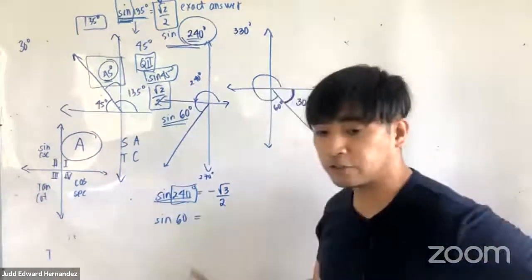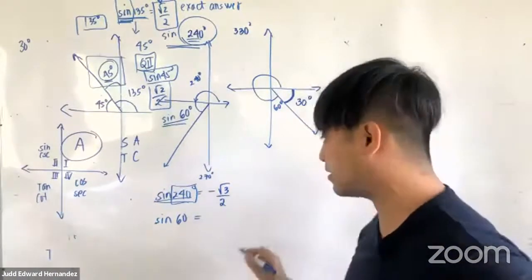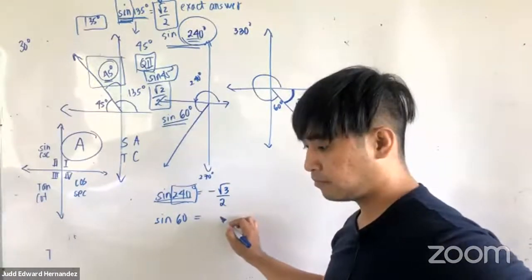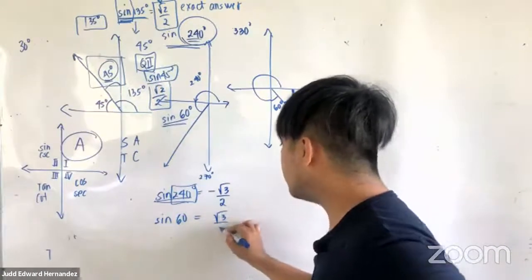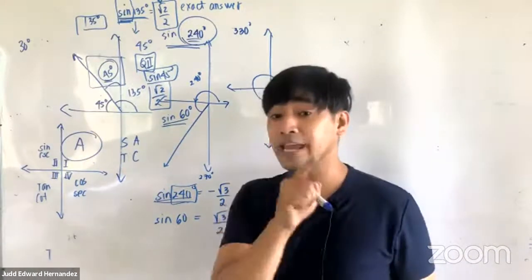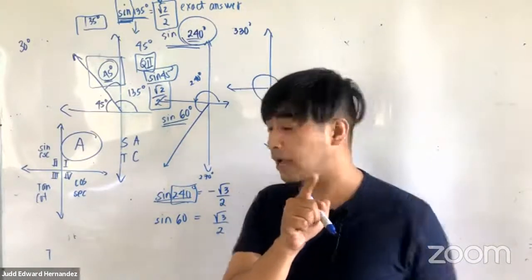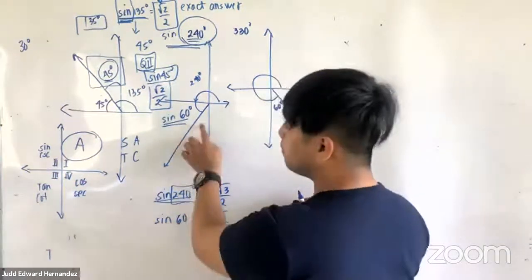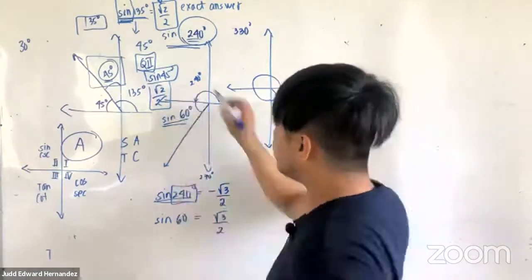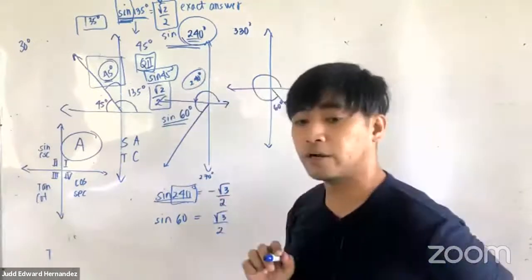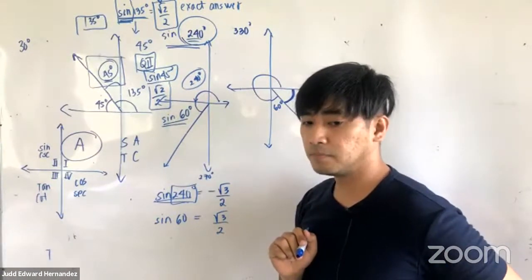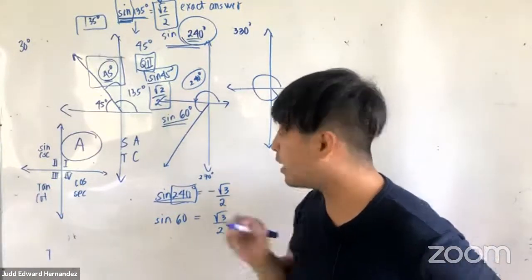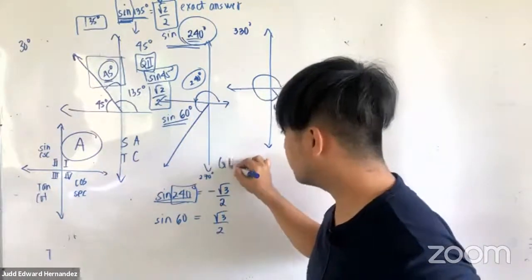Paki-type po sa calculator nyo, what is sine 60 degrees? Square root of 3 over 2. But then, the sign is not yet indicated. Tama? Tingnan natin, saan nag-fall si 240 degrees? What quadrant? Quadrant 3.